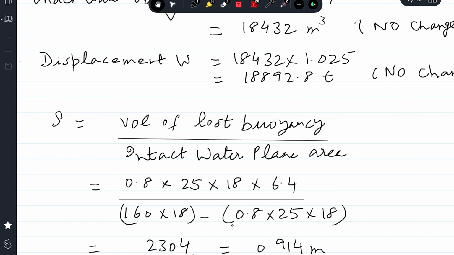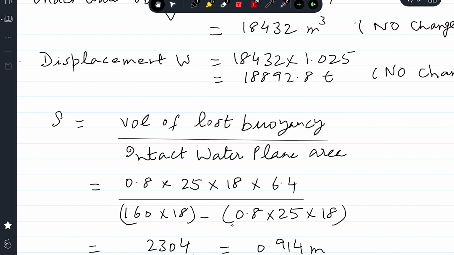What is the intact water plane area now? Total area, length into breadth of the whole of the ship, 160 by 18, minus lost water plane area. So what is the lost water plane area? It is the length of the hole multiplied by the breadth of the hole, 25 into 18, and 80% of it, because there is permeability of 80%.